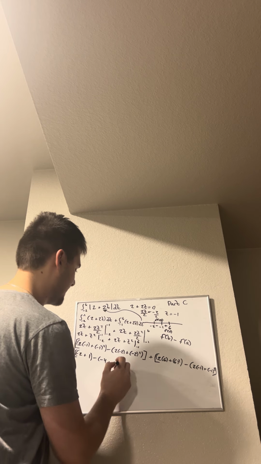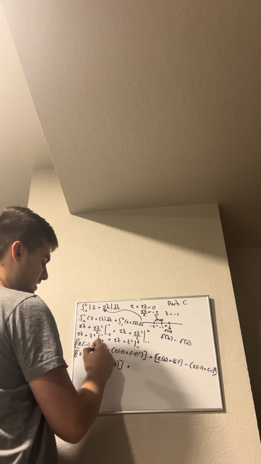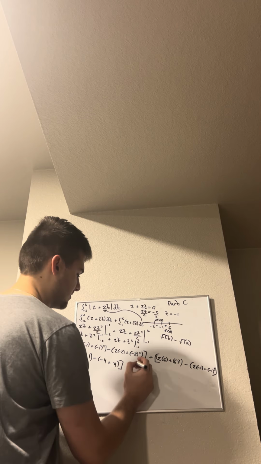Then we want to add this integral expression to the simplified one over here. So 2 times 6 is 12 plus 36, and we want to write parentheses around that, minus negative 2 plus 1. And just like that, we have the two expressions right here.